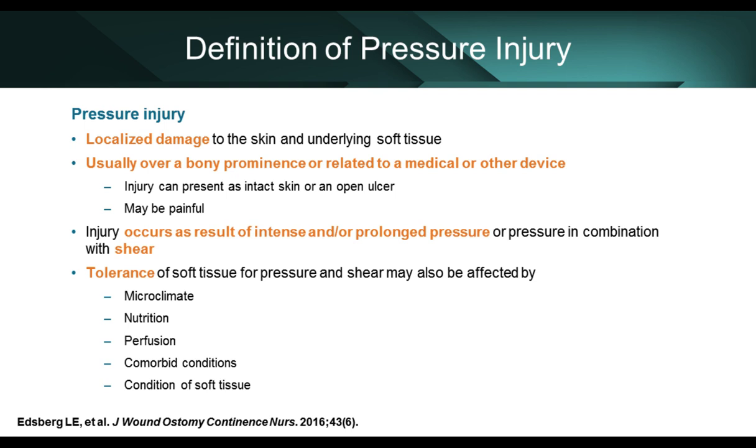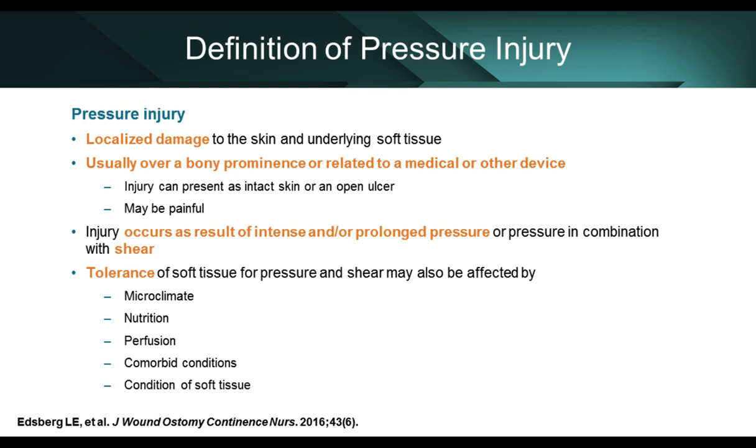Pressure injury is a localized damage to the skin and underlying soft tissue. It's usually over a bony prominence or related to a medical or other device. This injury can present as intact skin or an open ulcer. It also might be painful. The injury occurs as a result of intense and/or prolonged pressure or pressure in combination with shear.